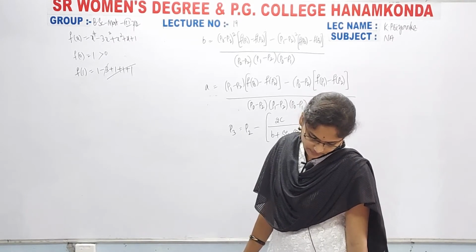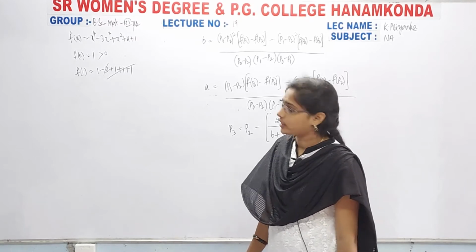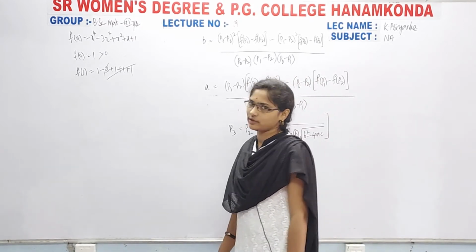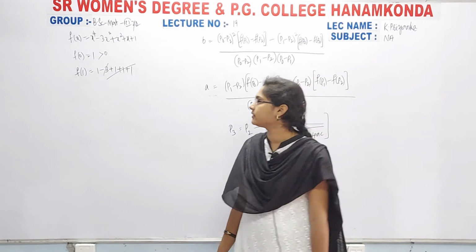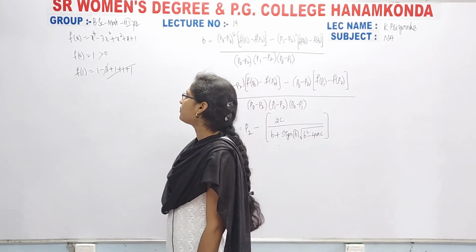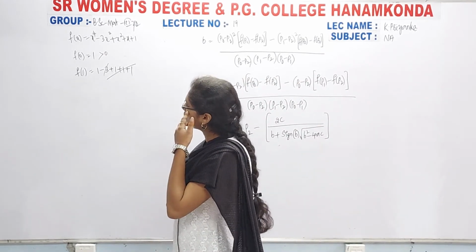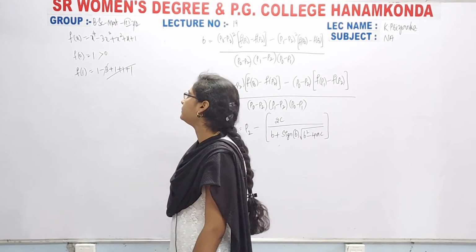Actually here what I am doing is by substituting the values of x we get the value of f of x. Where I am substituting x equal to 0, I am getting f of x is equal to 1.